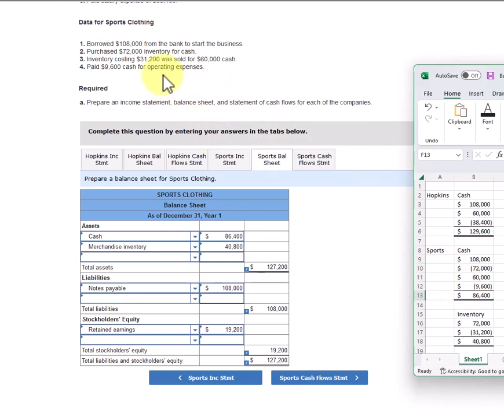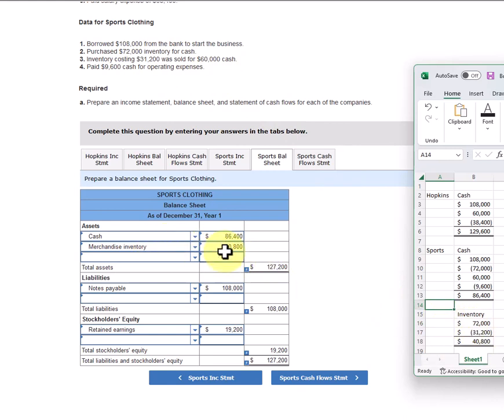And then we've got our operating expenses that they paid cash for. In this case, it was $9,600, but we are able to sum those together, and we come up with an ending cash balance. In this case, it's $86,400. Again, you'll use the exact same approach that I used. You're just going to plug in the numbers that you have in your problem for each of these respective spots.